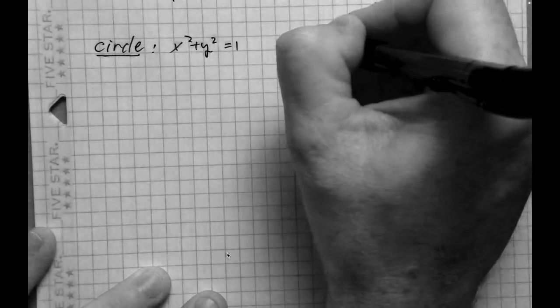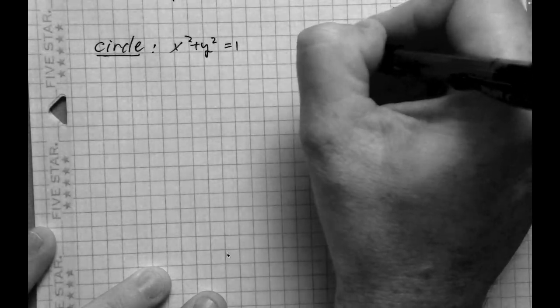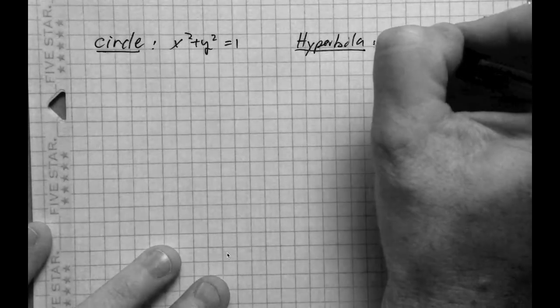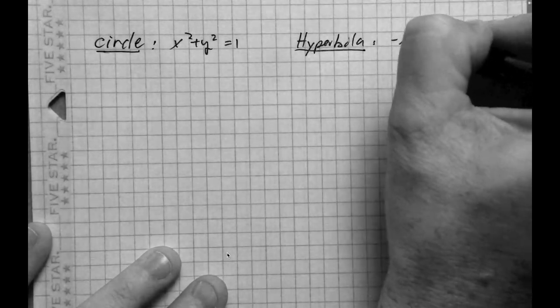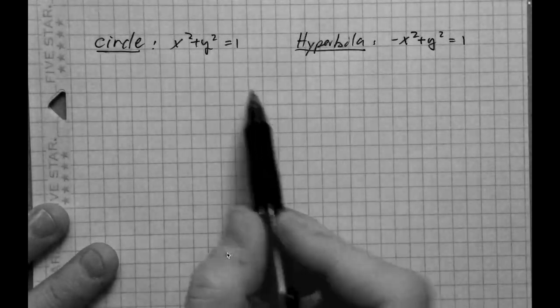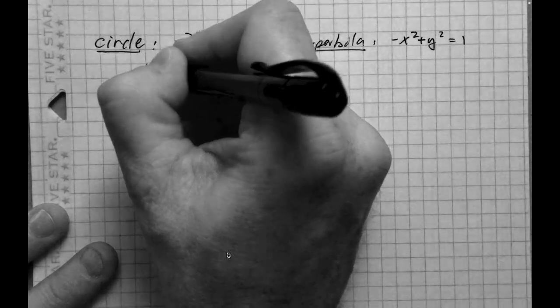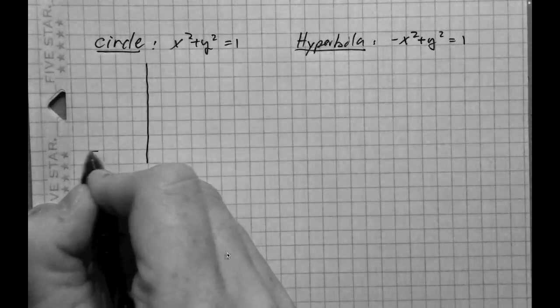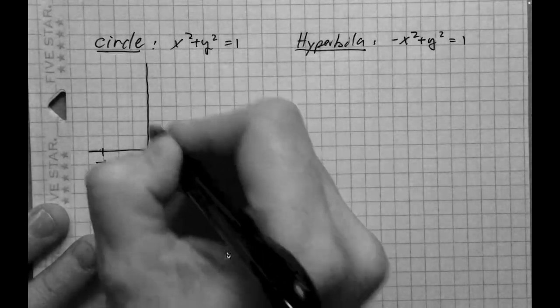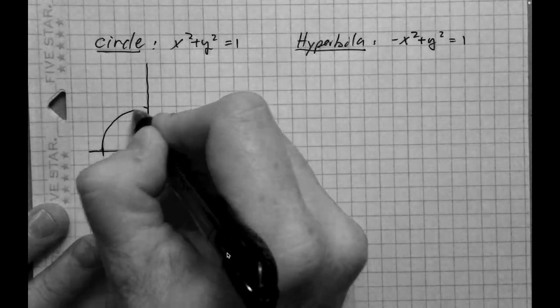Now, contrast that with a hyperbola, which is going to have the equation negative x squared plus y squared equals 1. Okay, and so the circle, if we plot a circle, so this would be 1, this would be negative 1, right? So like a semicircle like this.